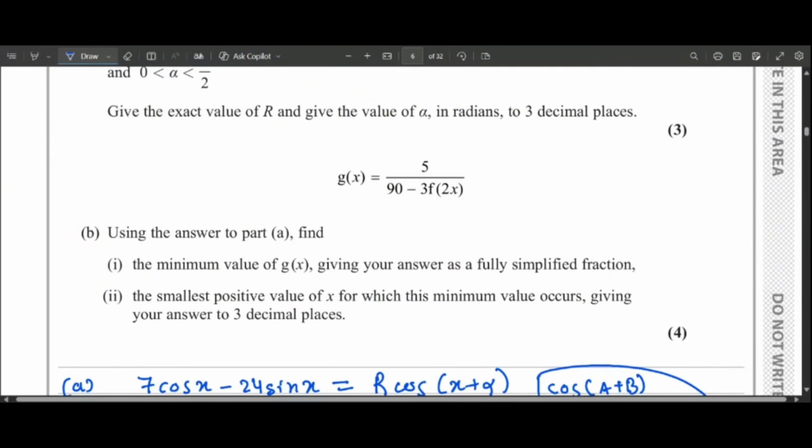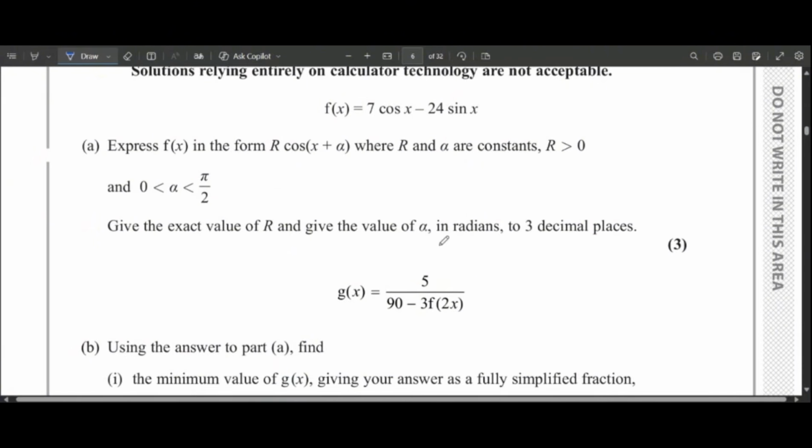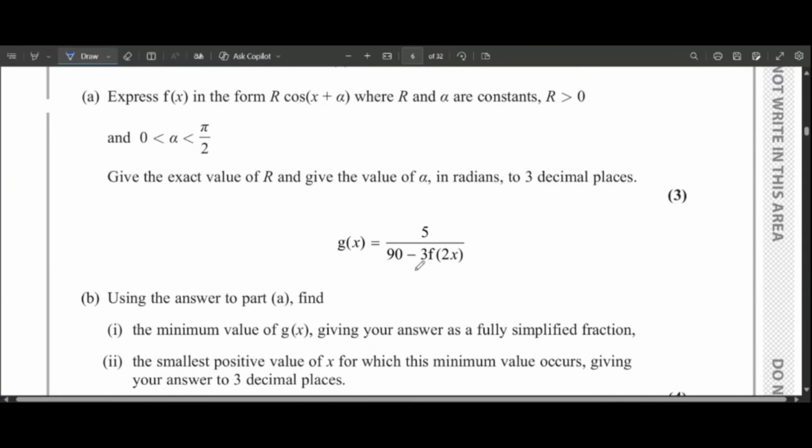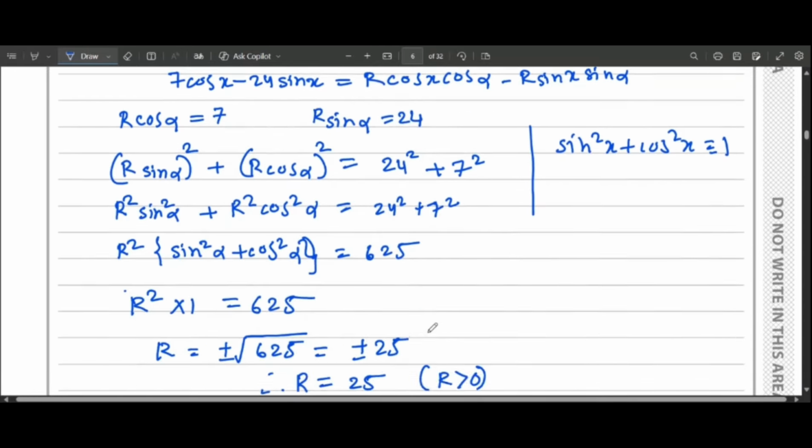So we can see that our function g(x) depends on the value of the function f(2x), which is just the graph of f(x) that is horizontally halved. Now in part B1, we have to find the minimum value of g(x), giving our answer as a fully simplified fraction.